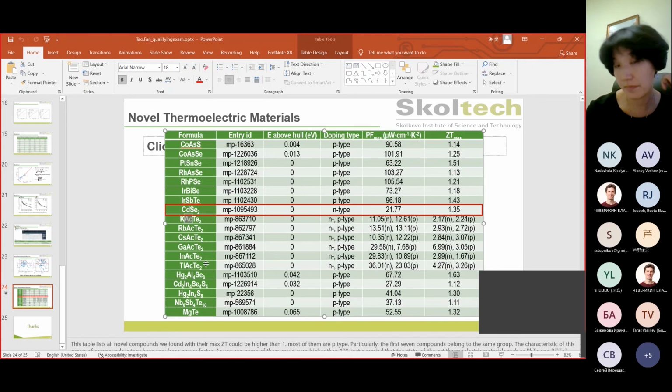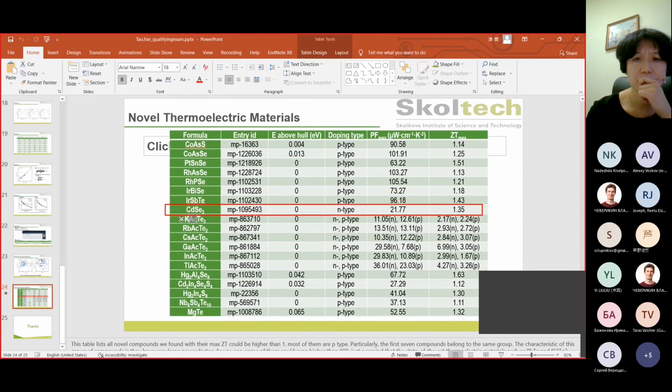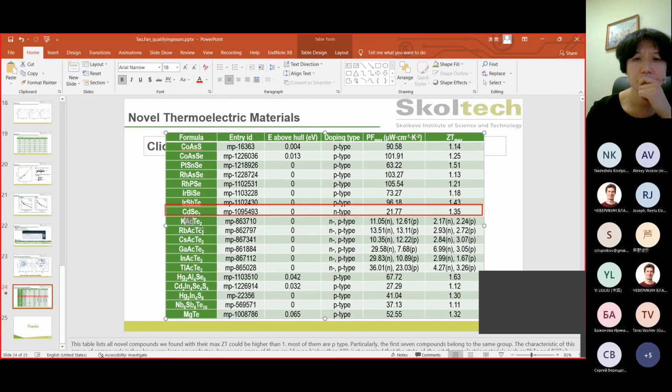So their lattice thermal conductivity is very low. As I remember, its value at 300 Kelvin could be lower than 1. So it makes the ZT value very high. But since this compound is radioactive, I admit, it's just in the computational sense.